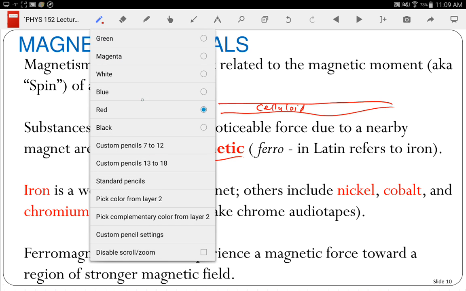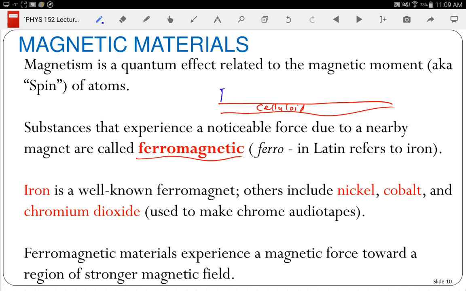And then on top of that, you have a gel. And in that gel, you have flecks of some magnetic material. It could be iron filings, or those tapes, it was like chromium dioxide or something like that.